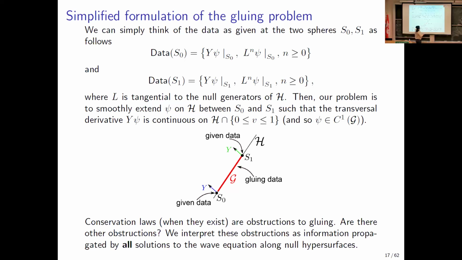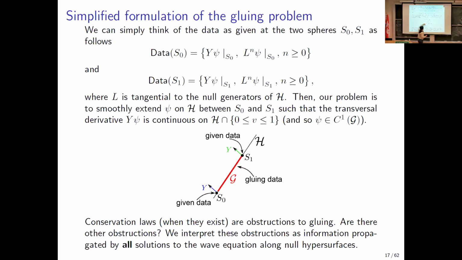Because if your data here are very general and your data here are very general, and you have a conservation law along this null hypersurface, say it tells you that the expression here is conserved along this null hypersurface, and the expression given by the data at S0 is 1, but the expression given by the data at S1 is 2, then you can immediately see that this conservation law does not allow you to glue S0 to S1.